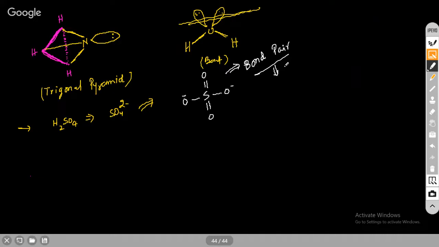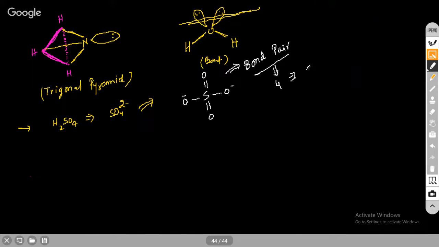Tell me how many bond pair are present. Yes, the number of bond pair is 4. Why is it 4? Because any multiple bond will be considered as a single bond only. So 1, 2, 3, 4. 4 bond pair, right? So there is no lone pair, only 4 bond pair.